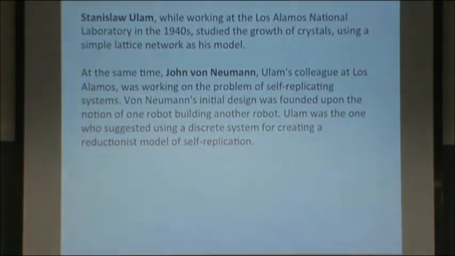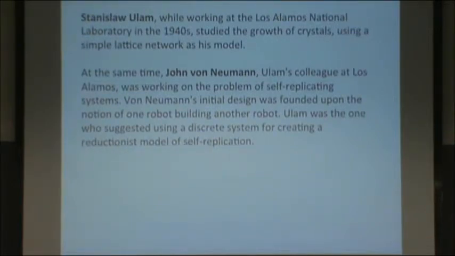All right, so how did it work? How did it happen exactly that they joined efforts to work on that? Well, already in the 40s, Ulam studied the growth of crystals using a simple lattice network as his model, so he was already interested in self-replicating structures. And von Neumann had a very exciting project, which I don't think went too far itself.